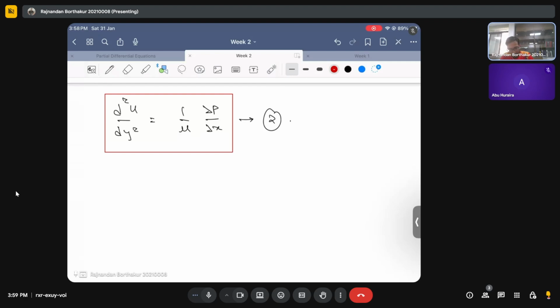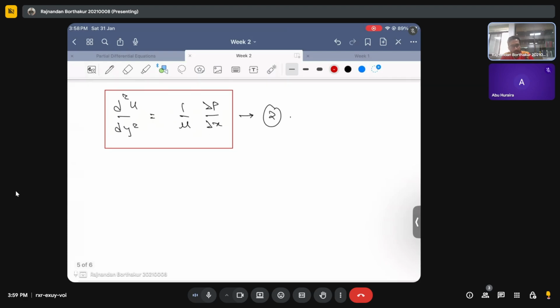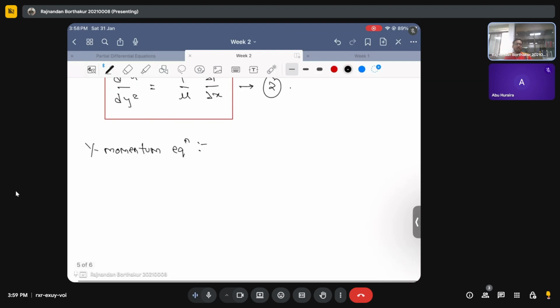So if I write the y momentum equation, can you guess what we get when we invoke these assumptions in the y momentum equation? Okay, let's try and see.